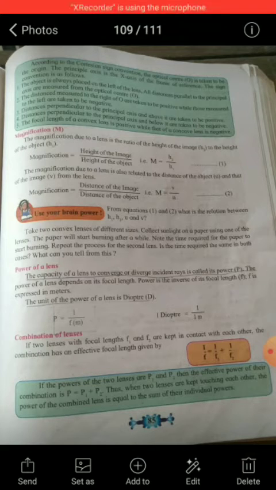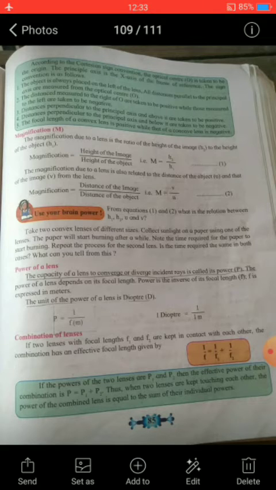Power is the inverse of its focal length f, and f is expressed in meters. The unit of power of a lens is a diopter, denoted by capital D. Therefore, power can be calculated by the formula P is equal to 1 upon f, where f is measured in meters, that is 1 diopter is equal to 1 upon 1 meter.